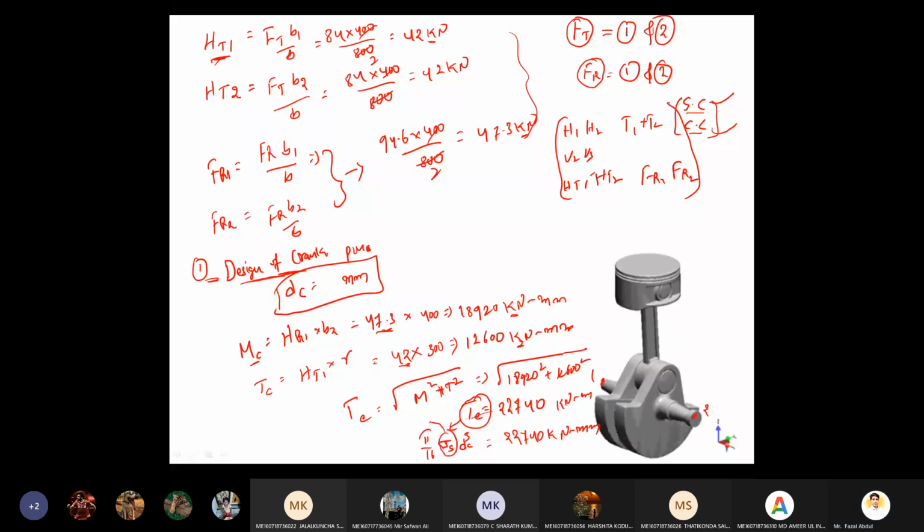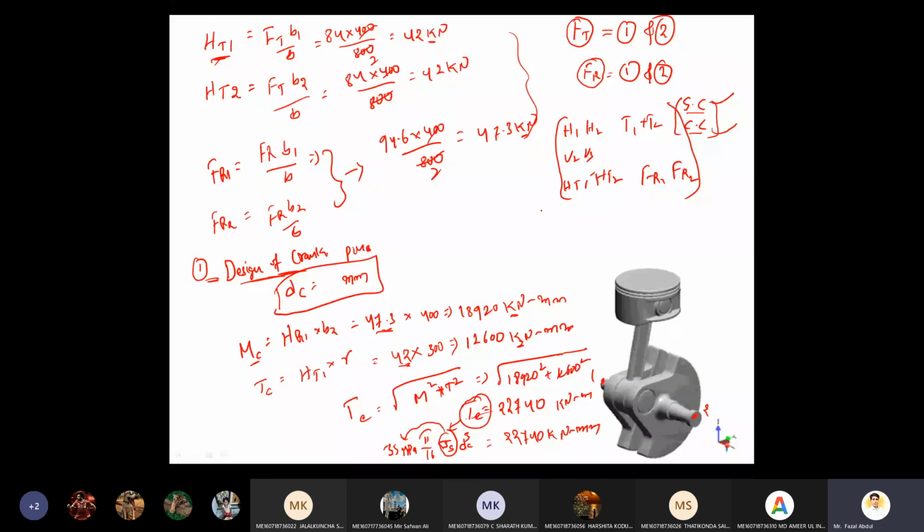Why am I taking this? Because the problem is given as plain carbon steel, and one statement says to assume whatever data you require in a suitable manner. So based on the material type, I am selecting 35 megapascal, and the DC value we don't know, that is the question mark here. Now tell me the DC value.